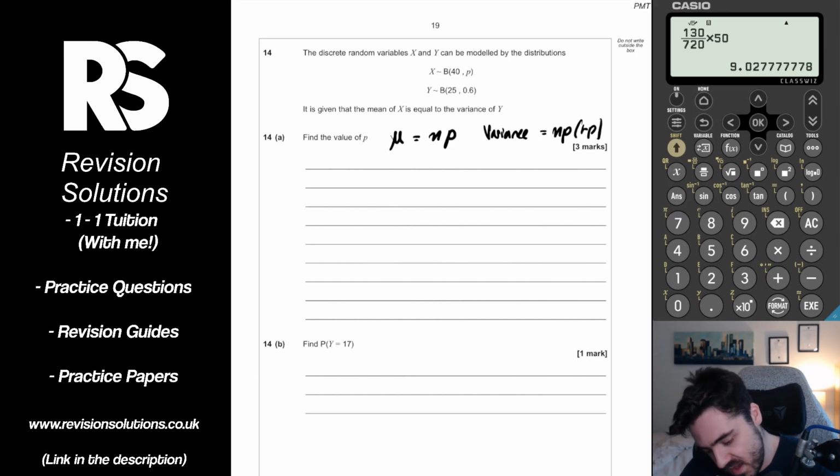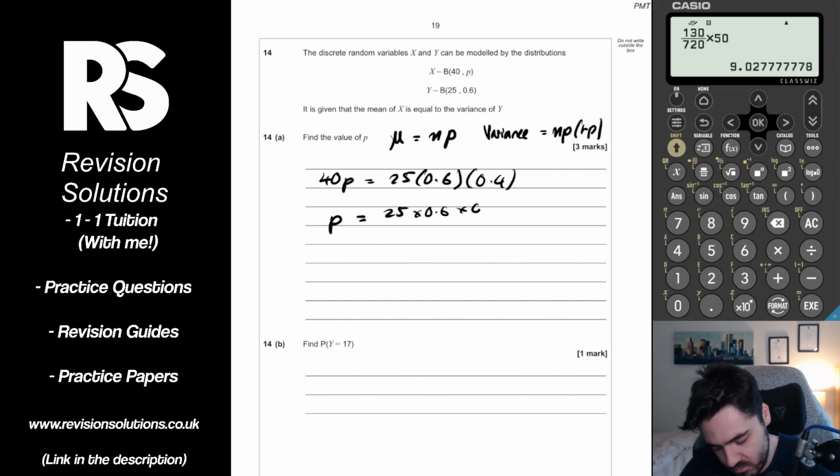So the mean of x would just be 40p, and we know that's equal to the variance of the y distribution. So that would be 25 times 0.6 times 0.4. So p then is just 25 times 0.6 times 0.4 all over 40.